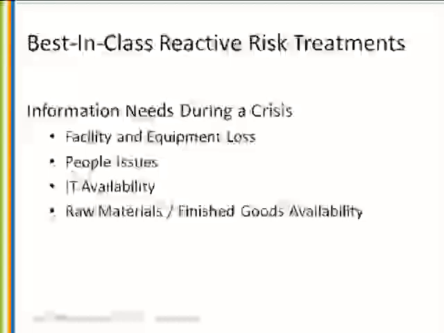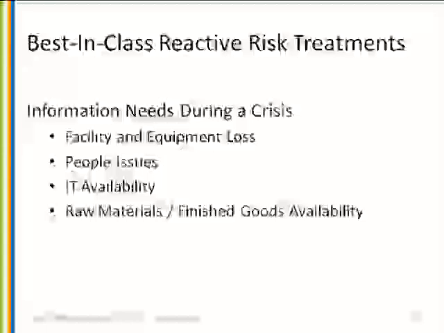Again, building on the reactive risk treatments for a moment, as Renee just talked about, there are certain information needs during a crisis that an organization has. The information is needed to be able to effectively make and reach conclusions during a situation assessment, and also to be able to ultimately employ the appropriate response and recovery strategies. So information needs during a crisis: facility and equipment loss, certainly.